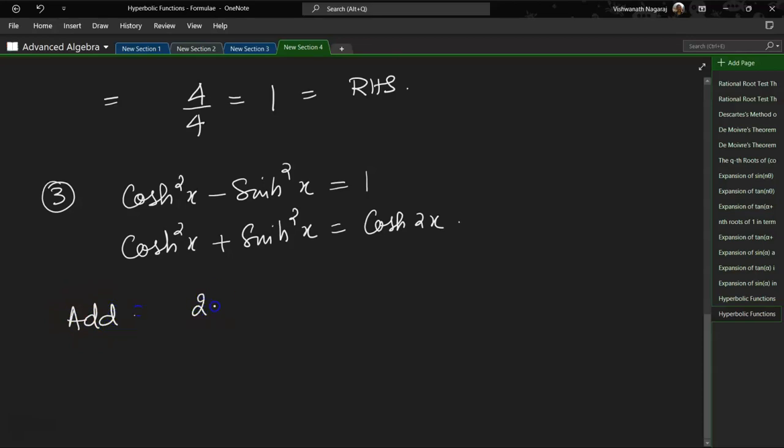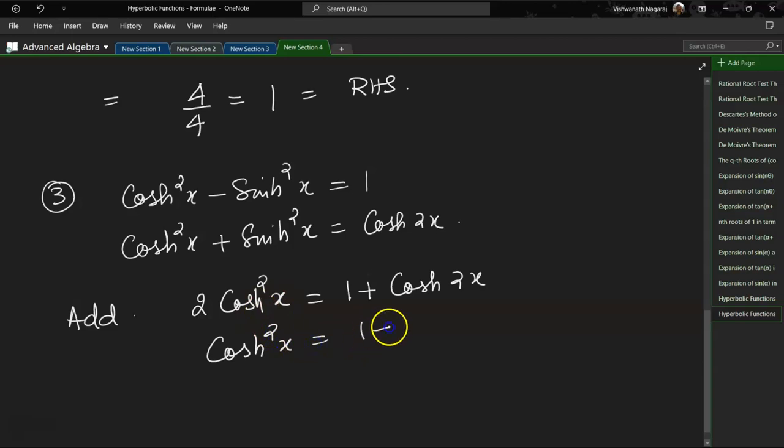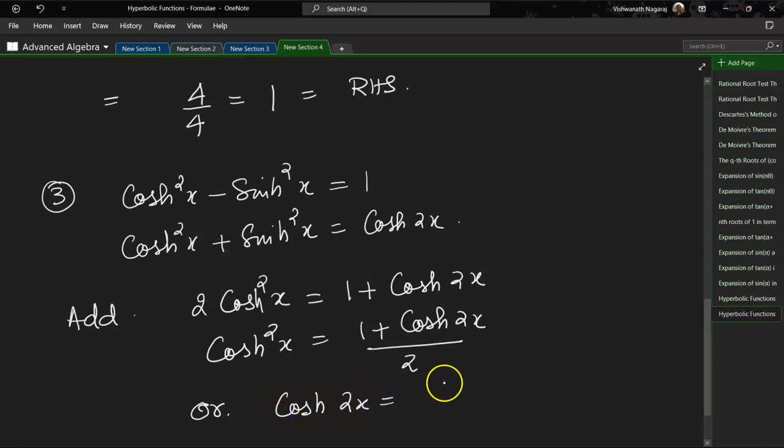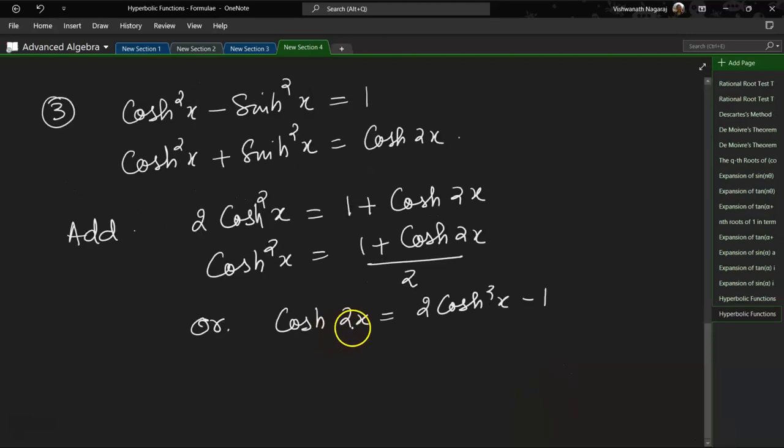So we are left with 2 cosh square x is equal to 1 plus cosh 2x, or cosh square x is equal to 1 plus cosh 2x by 2, or we can write this as cosh 2x is equal to 2 cosh square x minus 1, because normally we would require a multiple of x. 2x we will require. Okay.